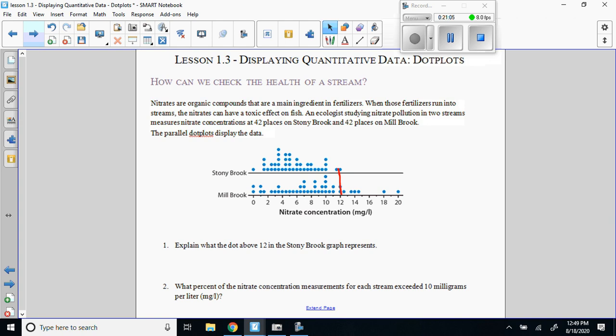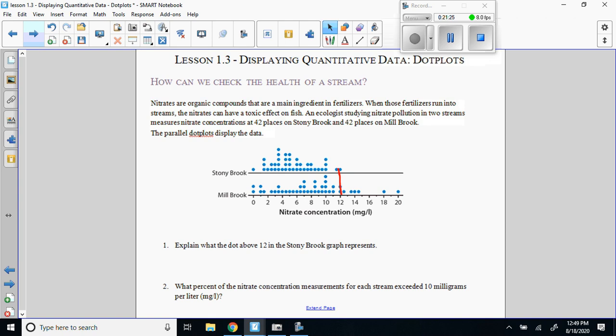Yeah, that's exactly right. There's 12 milligrams per liter of nitrate concentration in Stony Brook. There you go. It's a data point, right? Now, you can say, well, is it the max? No, it's not the max, right?